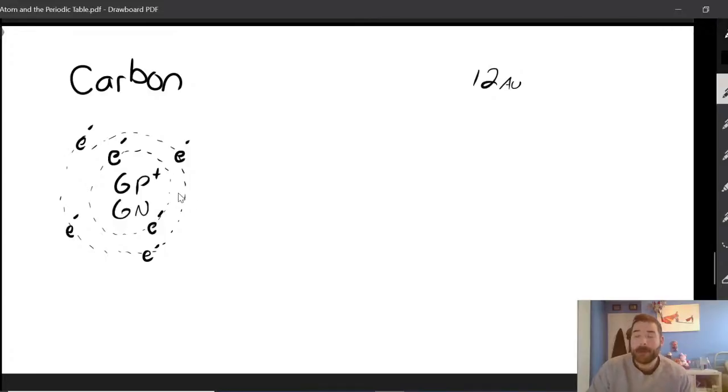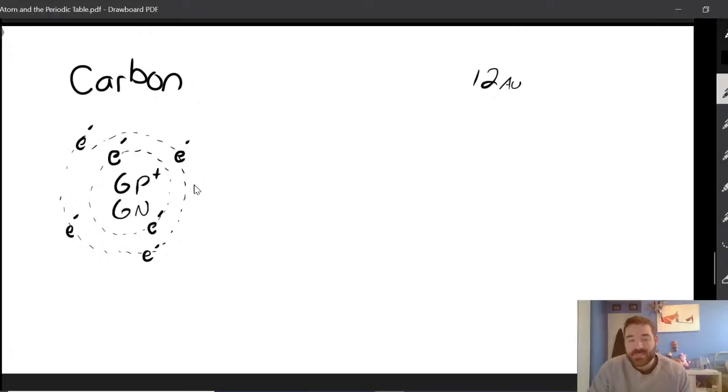When things bond, and we're going to talk about ionic bonding a little later on, it's a matter of the sharing or the stealing of electrons. So atoms will either lose or gain electrons depending on the size of the atom and depending on the characteristics of the atom.